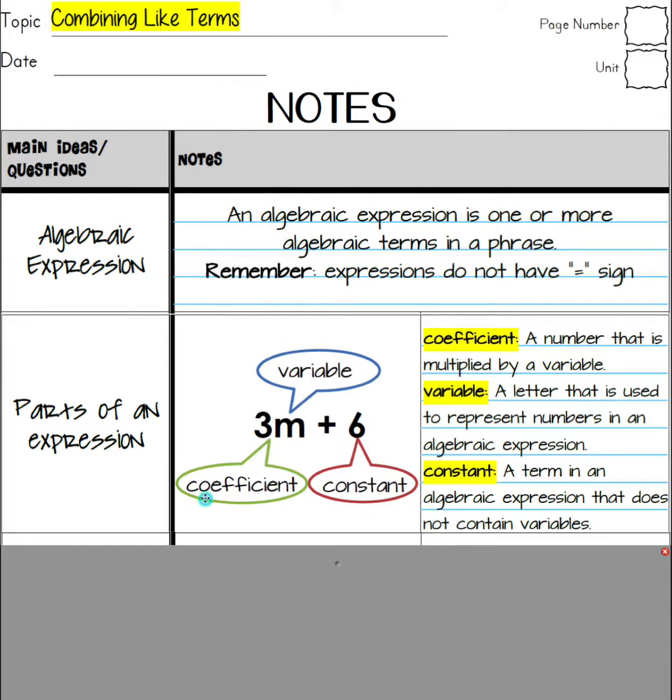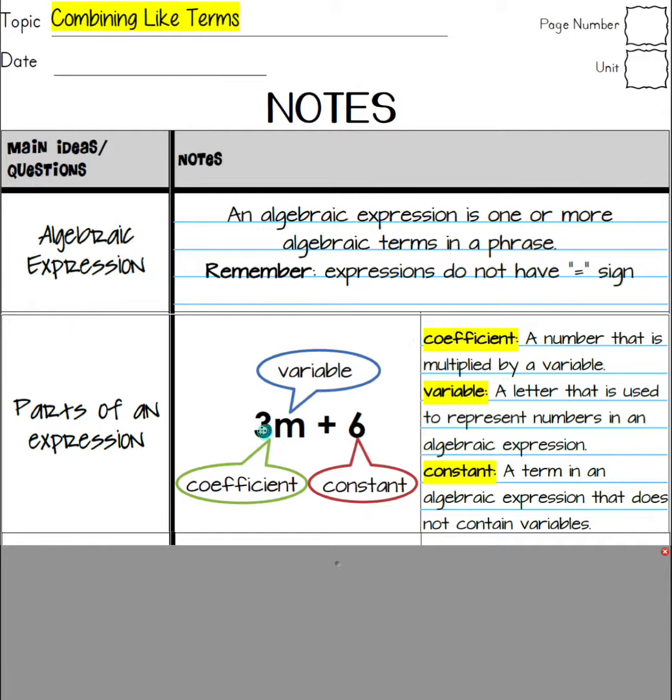Regardless of what that number is, if it's a 3 or a 7, these values that are next to your variables are what we call coefficients. And then we have here, in this case, a positive 6 that is our constant. Also on your note sheet, it's helpful if you define what these are. A coefficient is a number that is multiplied by a variable.